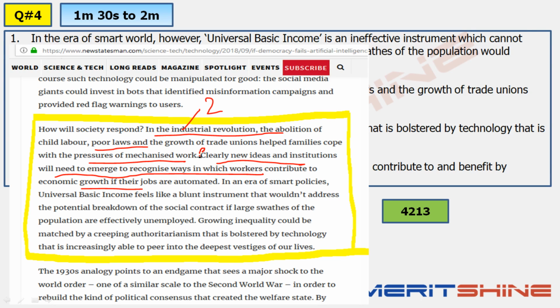They have changed this sentence. Here the sentence was clearly new ideas will need to emerge. It's an expectation setting. So earlier this had happened. Trade unions helped people to get out of depression, but nowadays new ideas need to be there. Okay, so this was an indicator of what is to come or what should come.